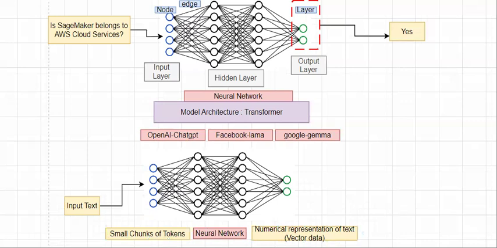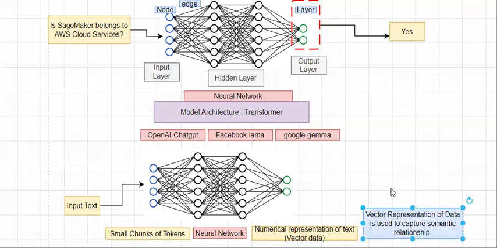So why do we need to represent the data in the form of a vector? Why not a single numeric value? The reason is to capture the semantic relationship of a word.